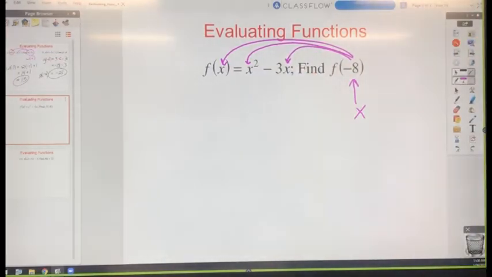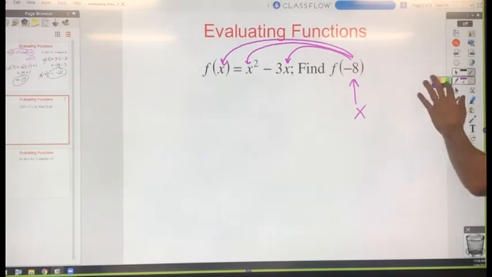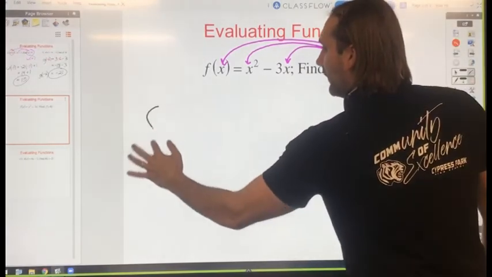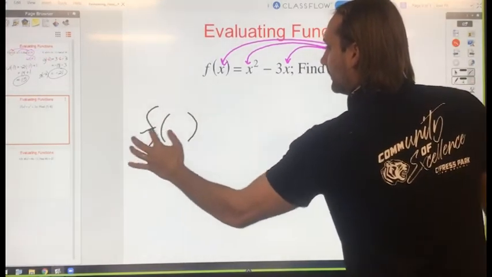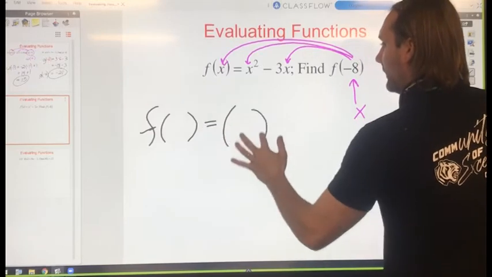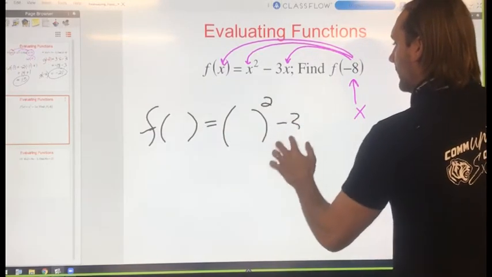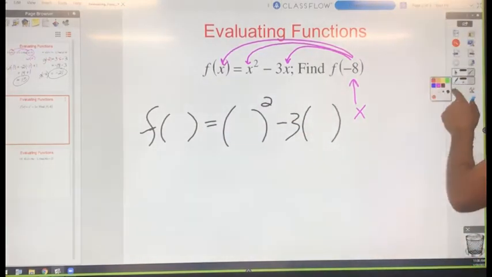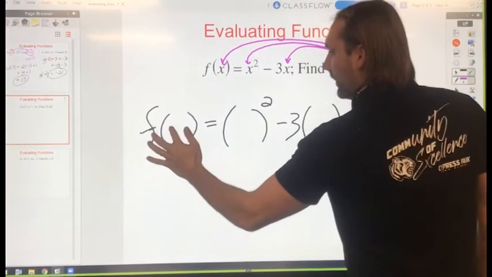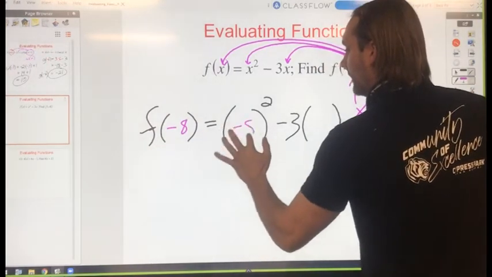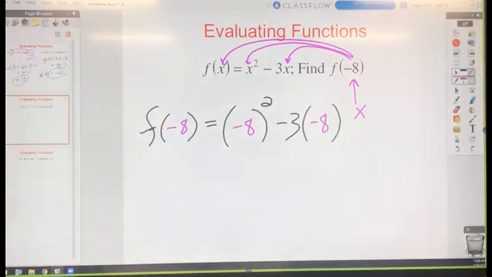Everywhere you have that variable, you need to replace it with that -8. So f of x equals x squared minus 3x, where again I'm replacing that x with a -8. So notice how I just fill in the gap.